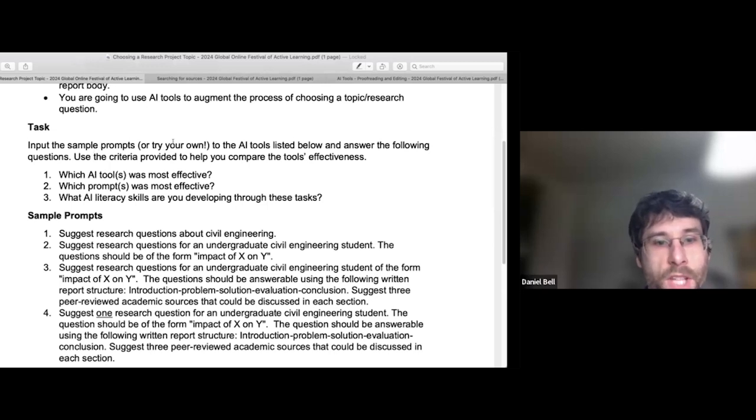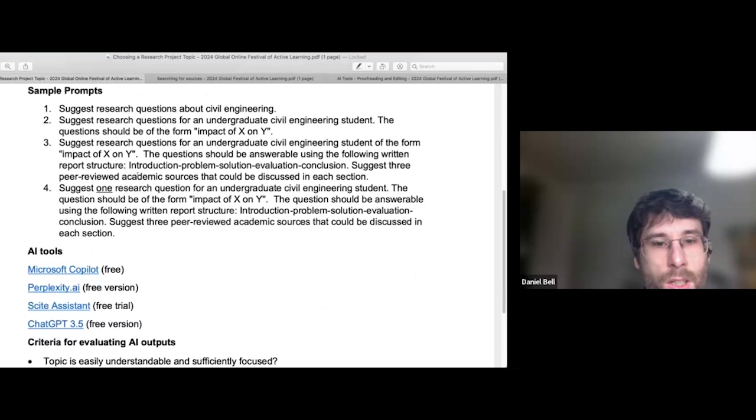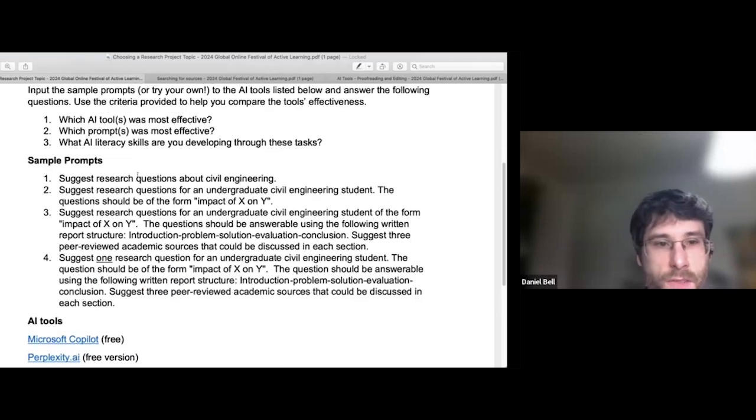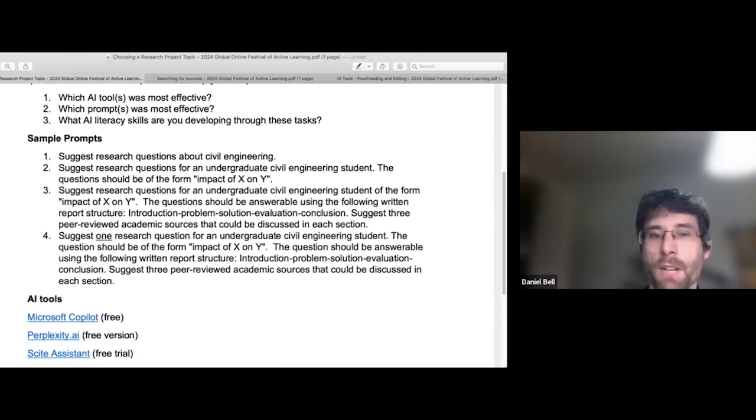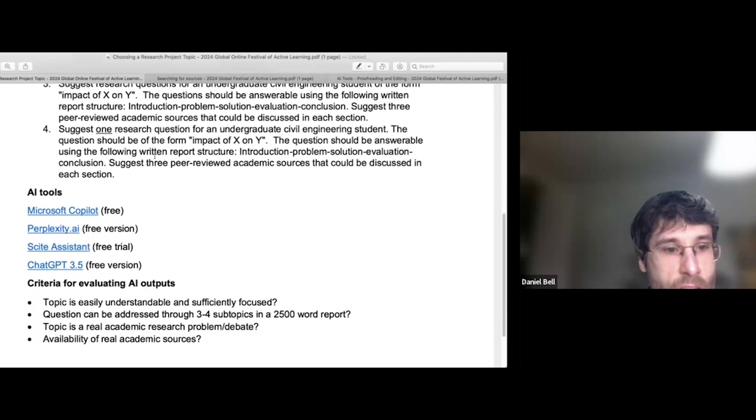You're going to input the sample prompts to the AI tools listed below, and then answer the questions. Which one do you think was most effective? Was there a difference in the effectiveness of the prompts? And what kind of AI literacy skills do you think the student might be developing through this task?